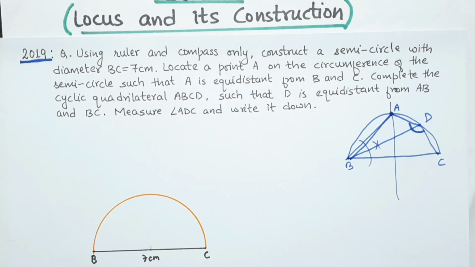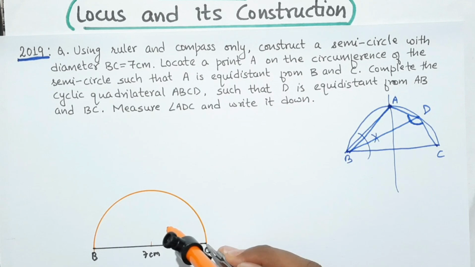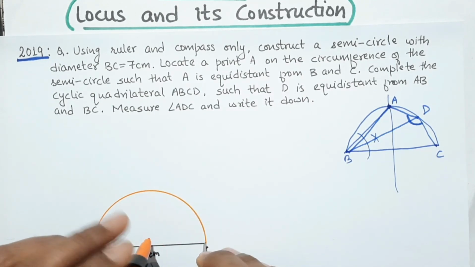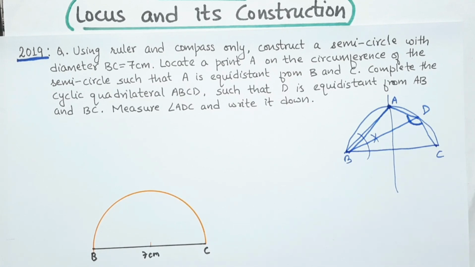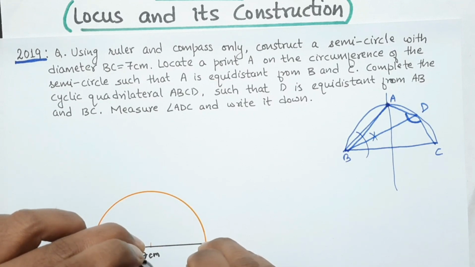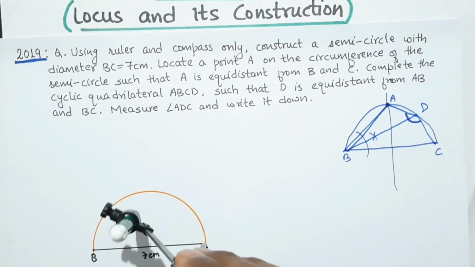That means here we are going to bisect BC. We know how to bisect BC. This is the perpendicular bisector of BC. First we set the compass to a little more than half but less than the length BC.